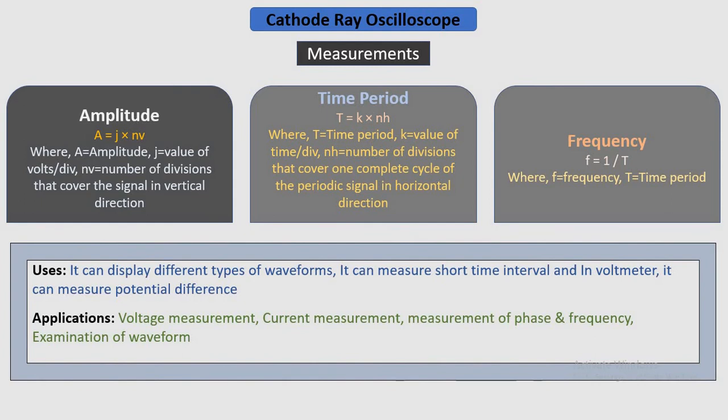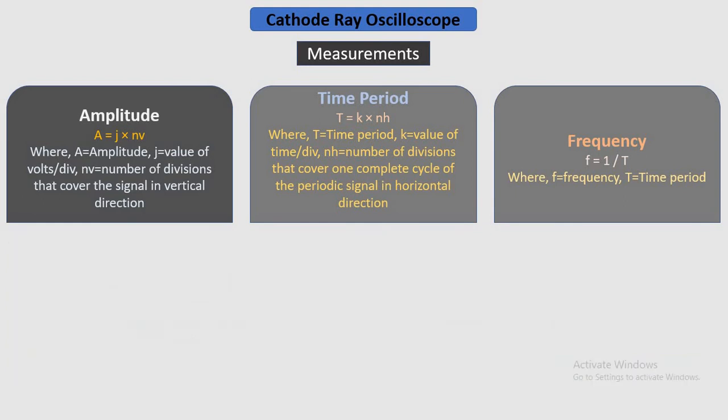So now here we can see the uses of the CRO. CRO can display different types of waveforms. It can measure short time intervals, and as a voltmeter it can measure potential difference. Applications of the CRO are voltage measurement and current measurement. Then we can observe the waveform, examine the waveform, analyze the waveform, and measure the phase and the frequency of the signal.